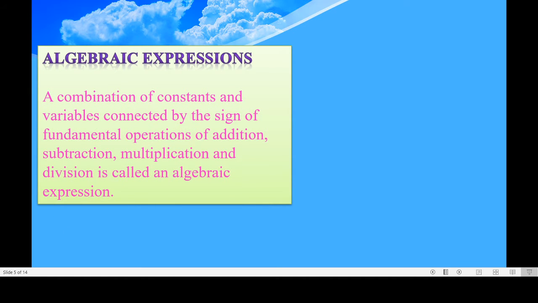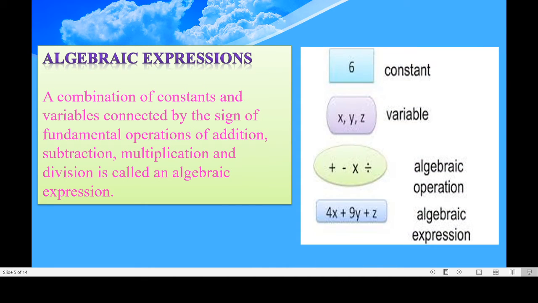A combination of constants and variables connected by the signs of fundamental operations of addition, subtraction, multiplication and division is called an algebraic expression. Let us see this with an example. You have already learned 6 is a constant. x, y, z are variables. Plus, minus, into, divide are algebraic operations.